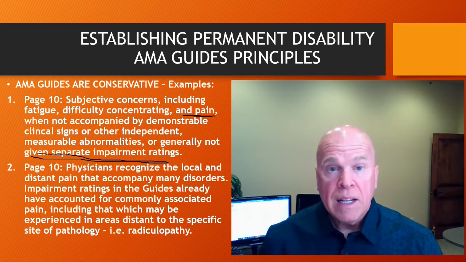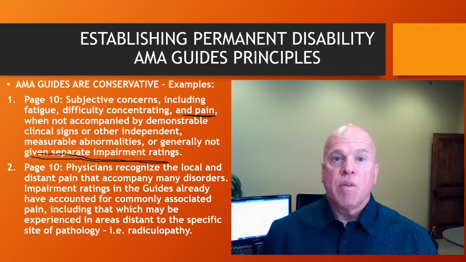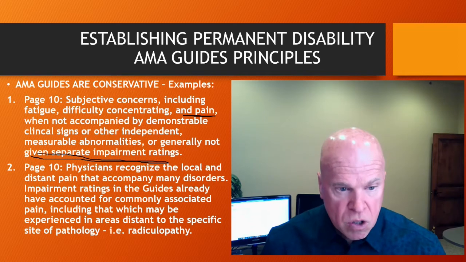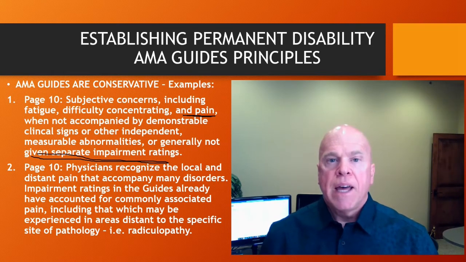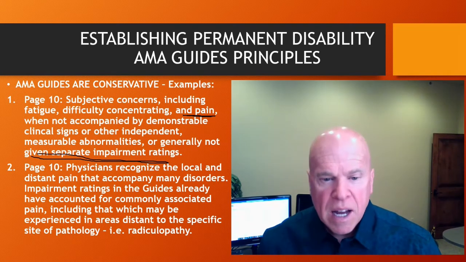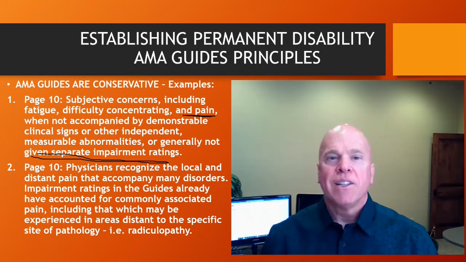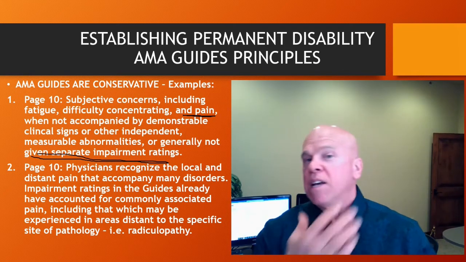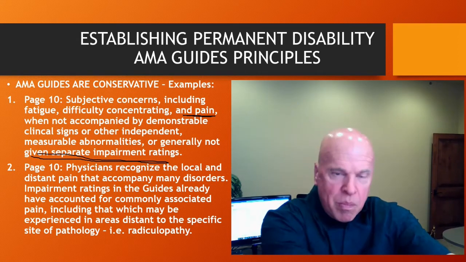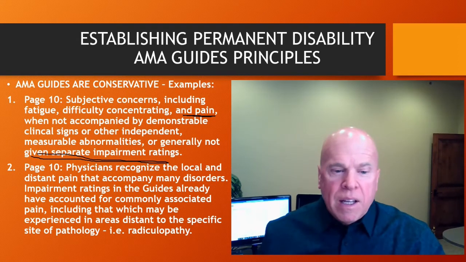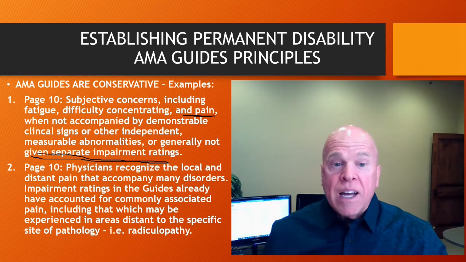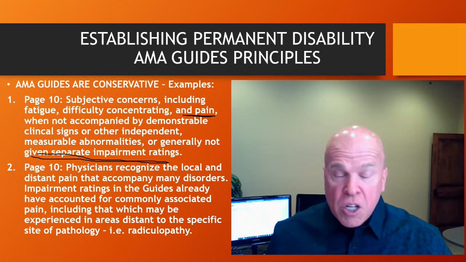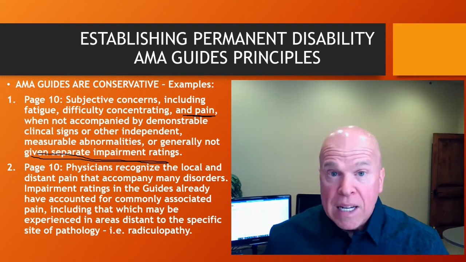Well, finally, as another example of the conservative approach of the AMA guides, they tell us also on page 10 that we as physicians recognize the local and distant pain. So your examinee has a local pain and a distant pain. We recognize that distant pain may accompany many disorders.